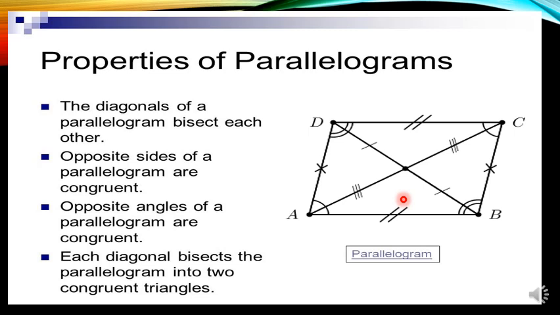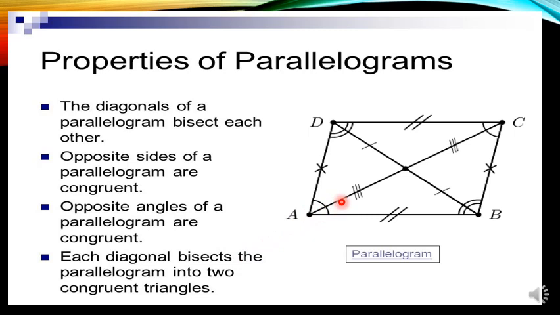What do you mean by congruent triangles? Congruent triangles are exactly the same. That means the corresponding sides of both the triangles are equal. Also, corresponding angles of both the triangles are equal. You learnt about congruency in detail in your 8th standard, isn't it? So you should remember that each diagonal bisects the parallelogram into two congruent triangles.